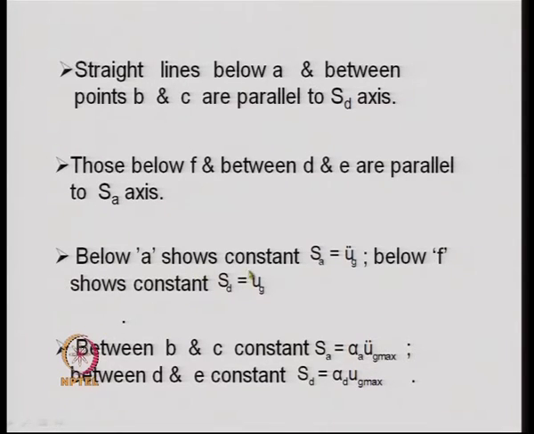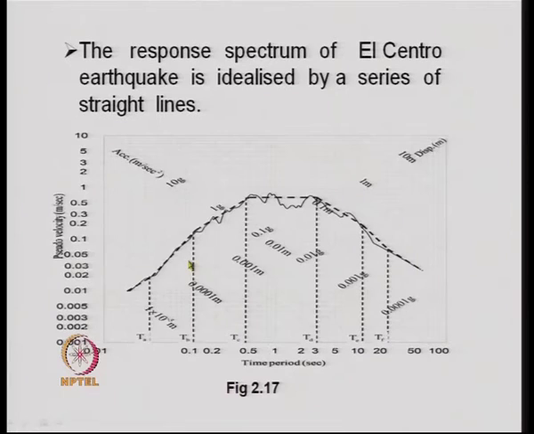Below A shows a constant value of SA, which is equal to the ground acceleration, and below F shows a constant SD, which is equal to the ground displacement. That is what we discussed before, that they give the limiting conditions. Here the limiting condition value is shown as the acceleration.